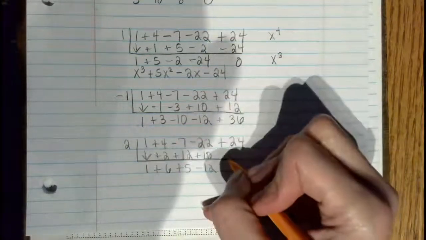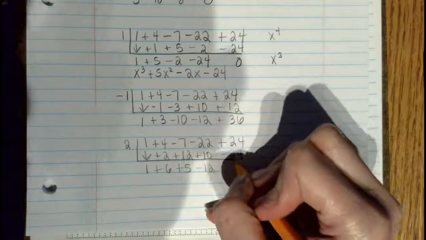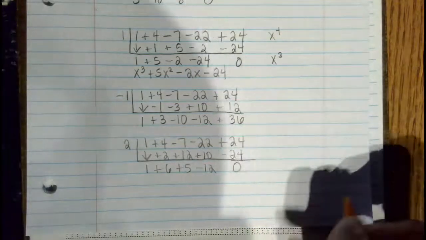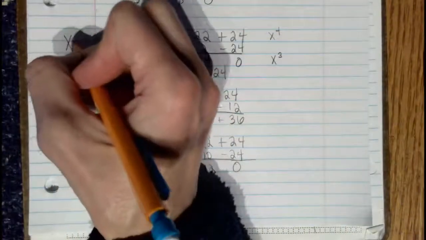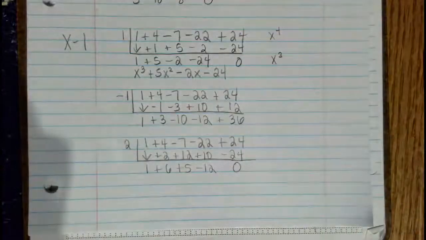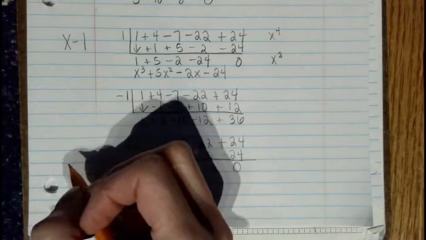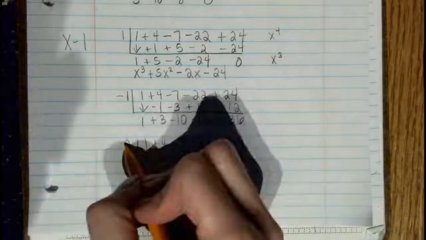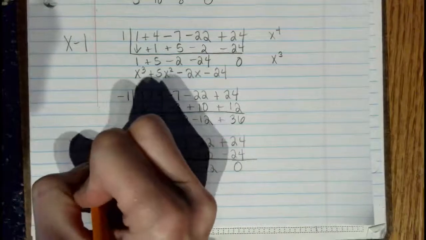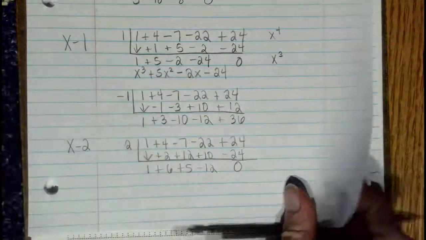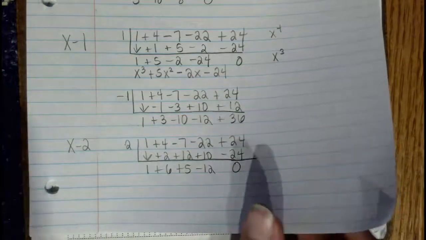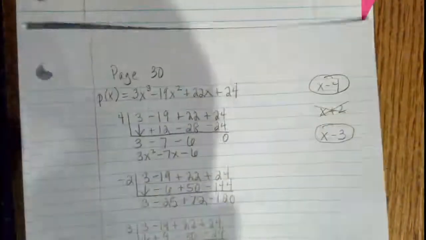And 2 times -12 is -24, which gives us 0. So right now, what we know is that x minus 1 is a factor, and also we just did a plus 2, so x minus 2 is a factor. And we've got a bunch more choices here, but I want to show you a little trick now.